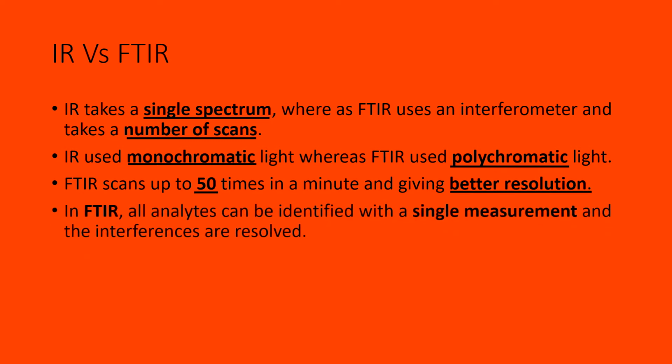In FTIR, all analytes can be identified with a single measurement and the interferences are resolved. FTIR is a faster technique than IR. It is like an automated system when compared to a manual system.